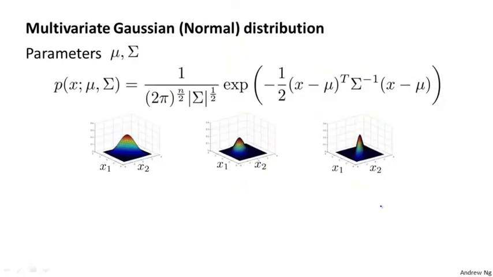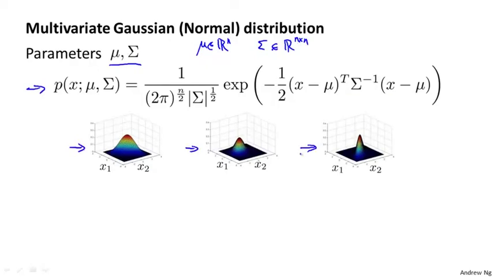To recap, the multivariate Gaussian distribution, or the multivariate normal distribution, has two parameters mu and sigma, where mu is an n-dimensional vector and sigma, the covariance matrix, is an n by n matrix. And here's the formula for the probability of x as parameterized by mu and sigma. And as you vary mu and sigma, you can get a range of different distributions. Like these are three examples of the ones that we saw in the previous video.